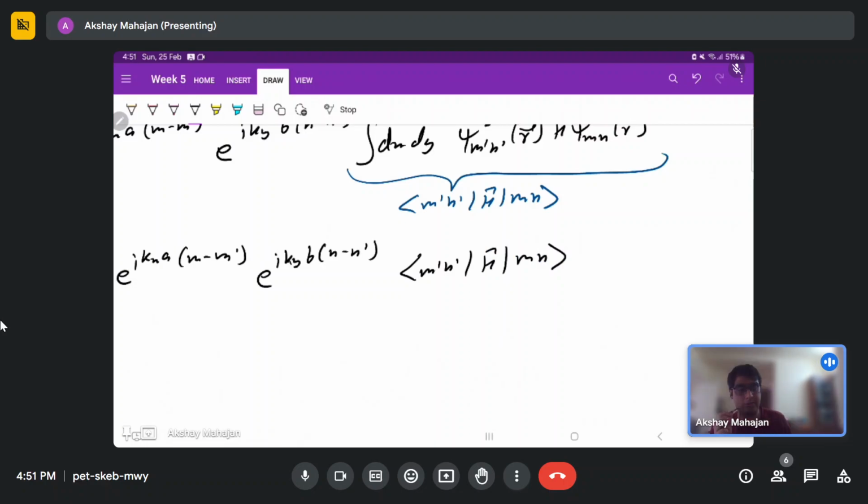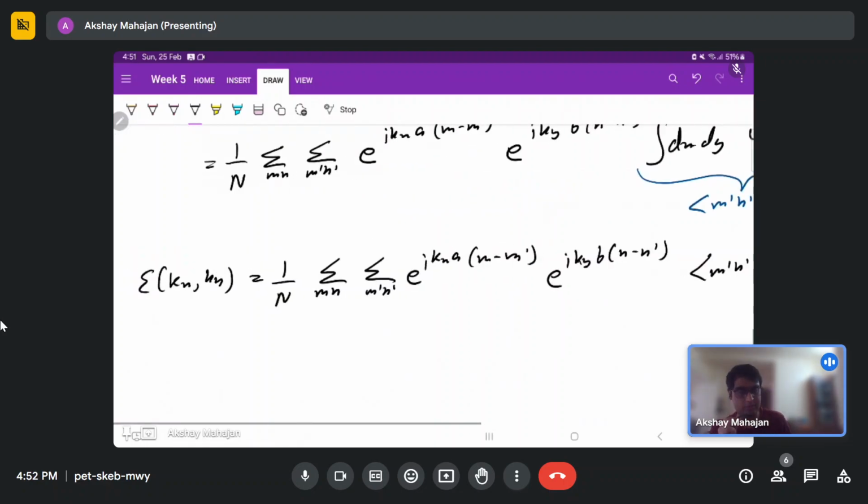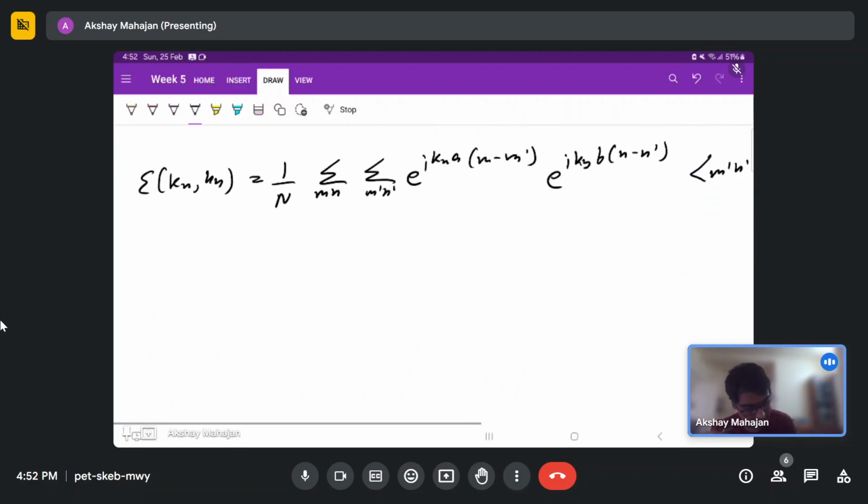Alright, so here you can see that this rectangular case, as we expect, is similar to the square lattice case, only that there is a difference of this a and b. Now we have to collect the non-zero terms from here.